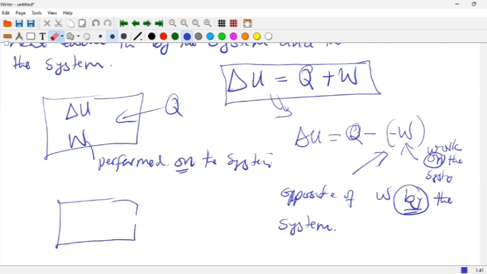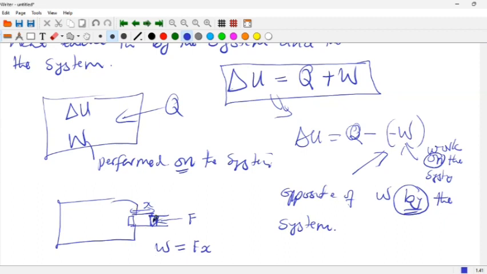Suppose we have this system here, and we have, say, a piston that is moving here. If you push this piston by a force, you are performing work on the system, because this piston is going to move from here to there. For example, if it moves some distance, x, then we can talk about force. The work performed on the system is equal to force times displacement. So we can calculate this work that has been performed on the system.